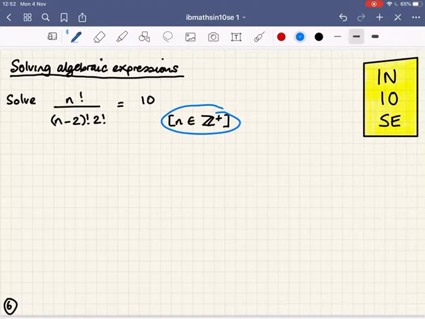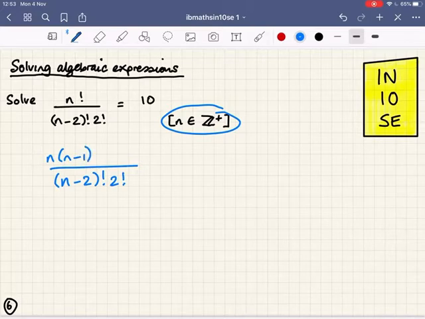What I'm going to do here again is look at the two factorials. The one on the bottom is smaller, n minus 2 factorial. So I'll leave that the same. 2 factorial, we can work that out in our heads in a minute. And I'm going to rewrite n factorial as n times n minus 1 times n minus 2 factorial. And of course that equals 10.